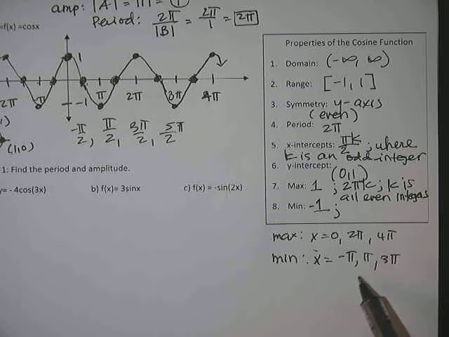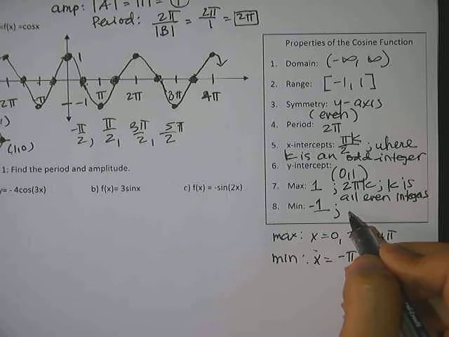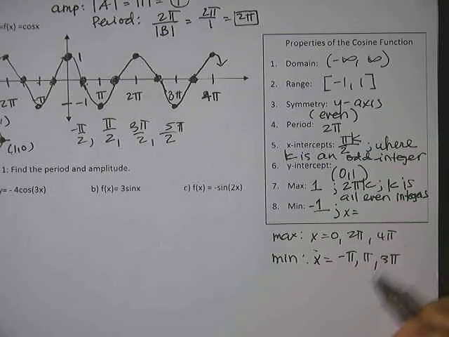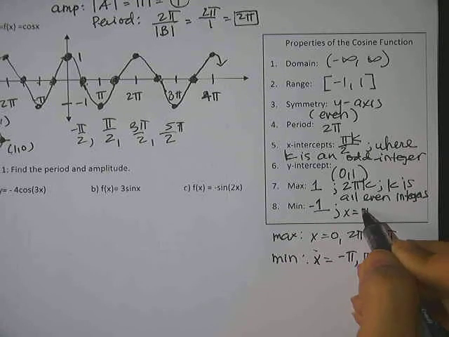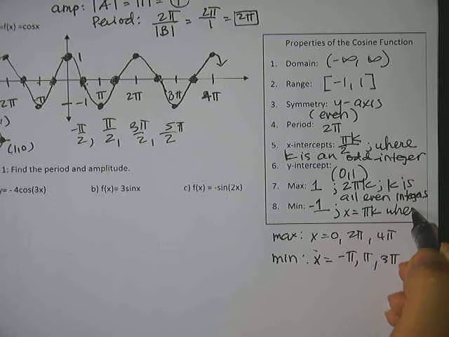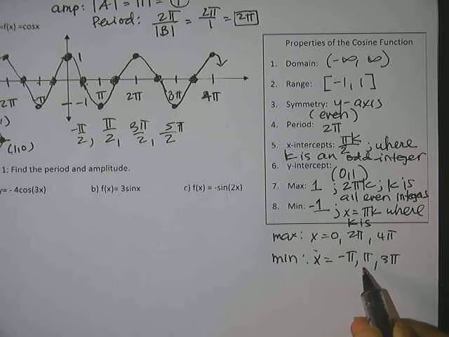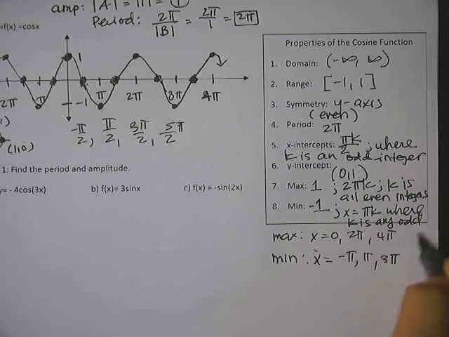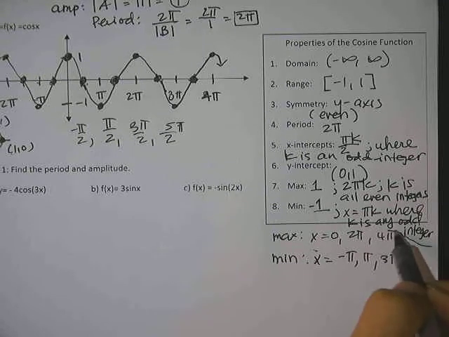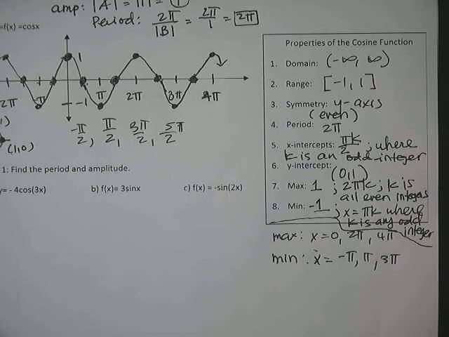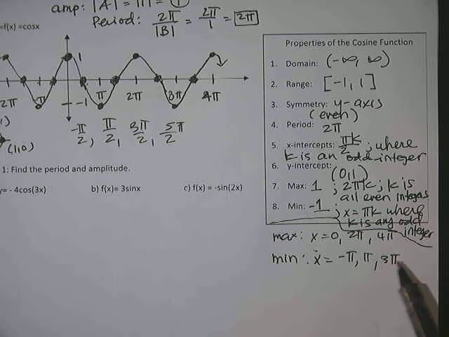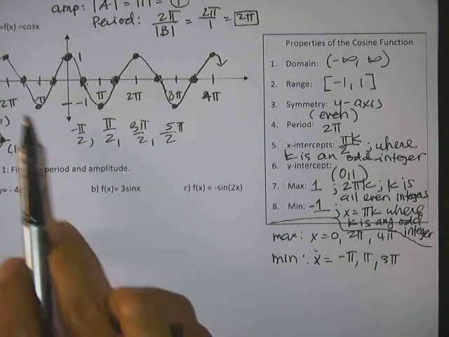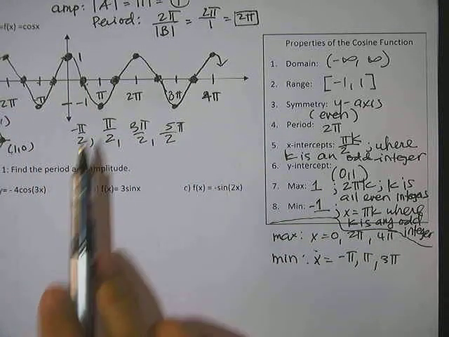Or we can write it as x is at pi k, where k is, this is 1 pi, 3 pi, any odd integer. Okay, that will also work. Sorry, this is kind of getting really small. I just don't want to fit it in. So if I were you, I would just list out all the obvious x values that we have here, and then see a pattern.